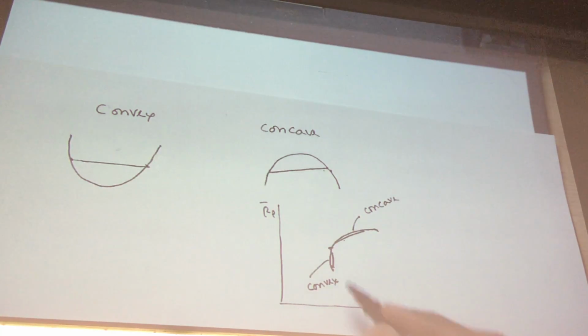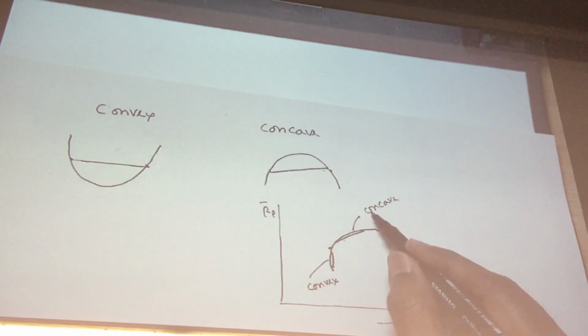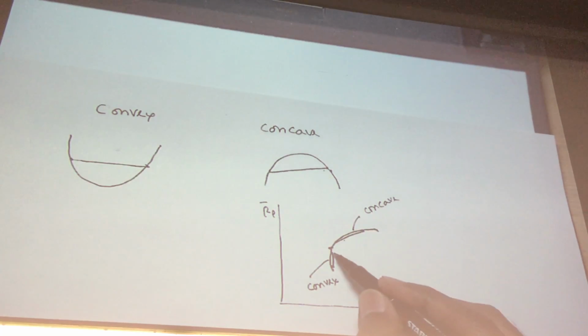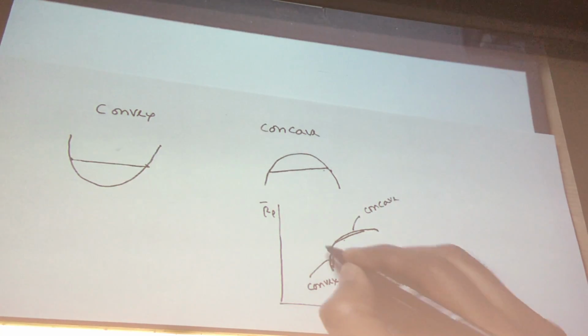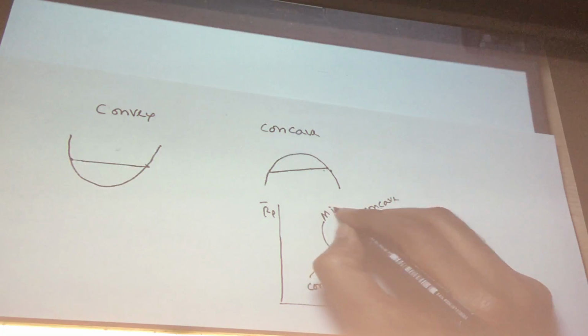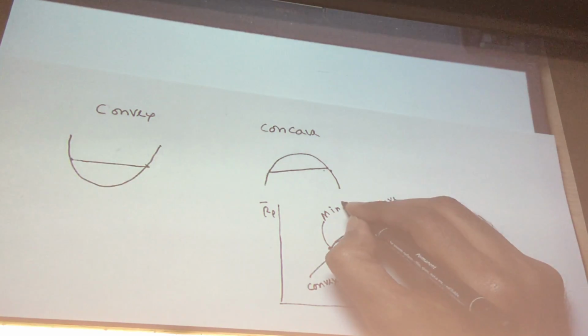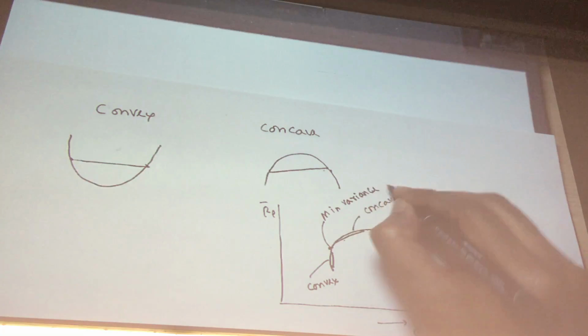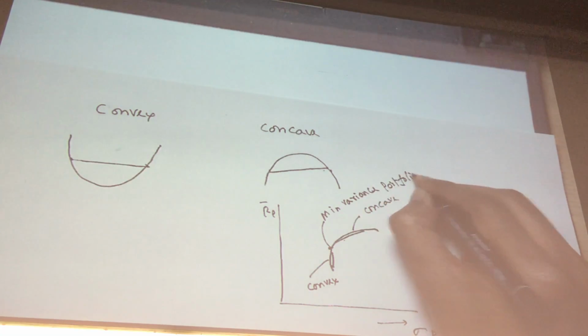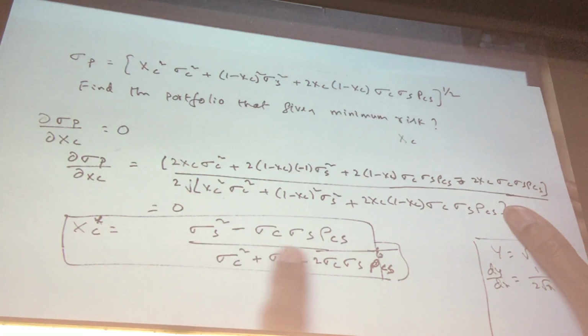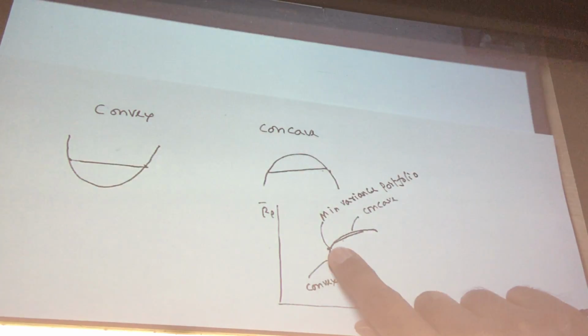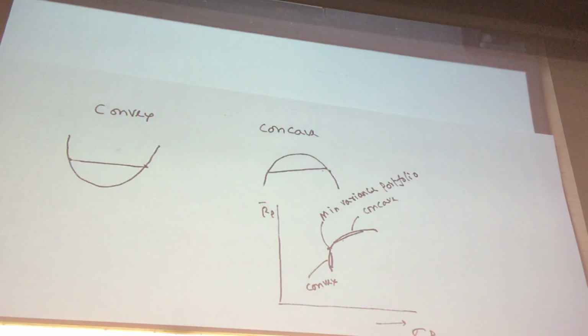So there is a point above which you see a concave graph, and below that point you see a convex graph, and this point is known as the minimum variance portfolio. The mathematical formula we just derived, the corresponding portfolio would represent that particular one. Okay, that's basically a sort of definition.